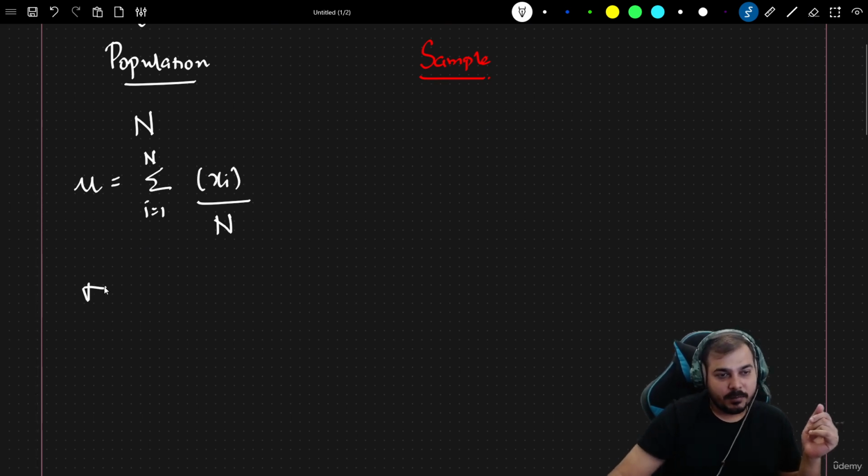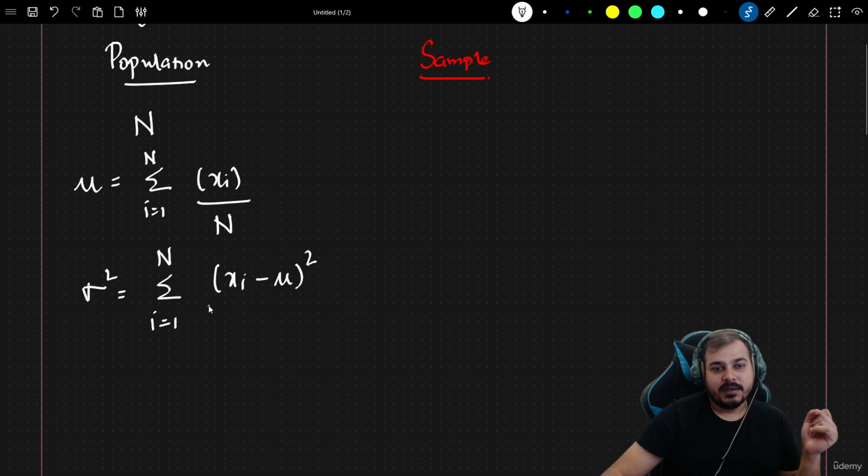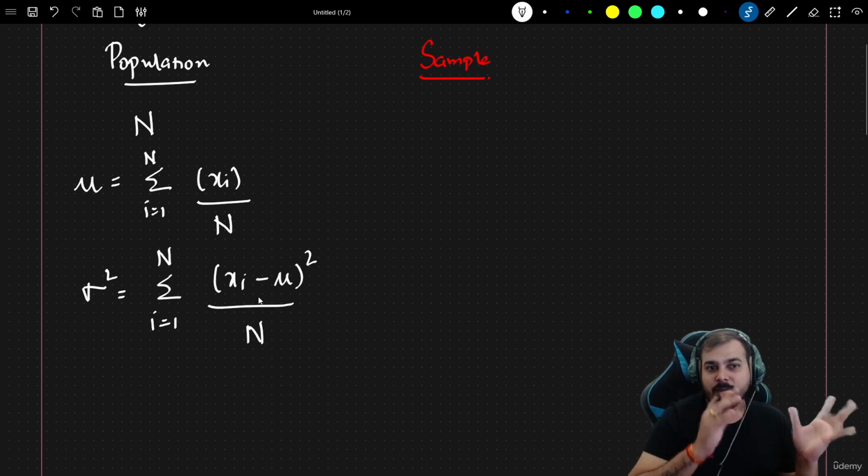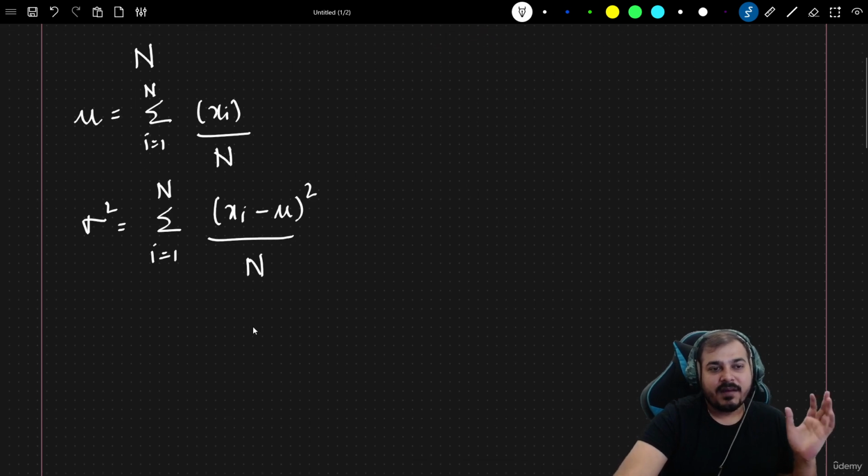Then we define the population variance, which is sigma square, and here again you have to write it as summation of i is equal to 1 to n, x of i minus mu whole square, divided by capital N. So this is the population variance formula. And finally, you'll see one more terminology called standard deviation.